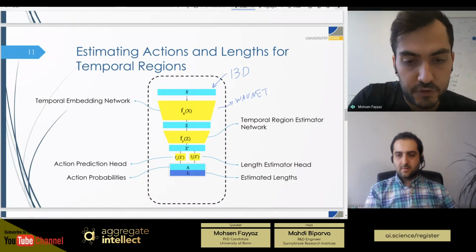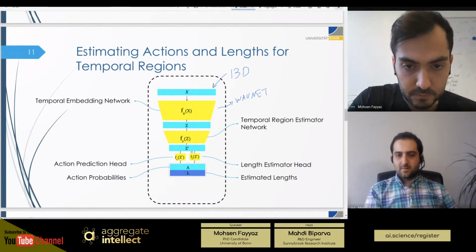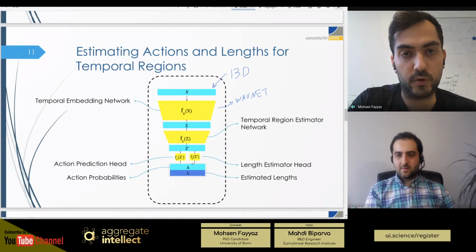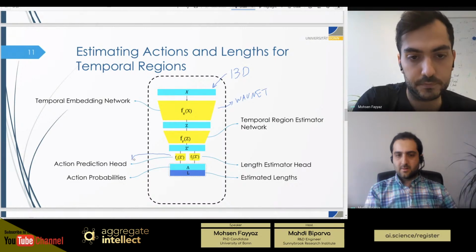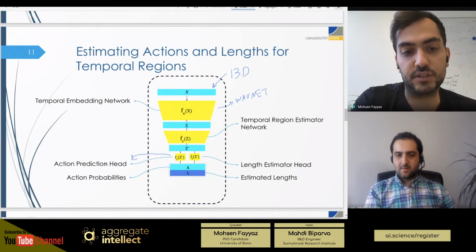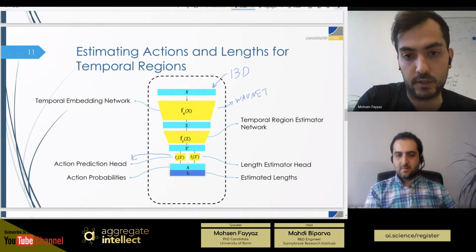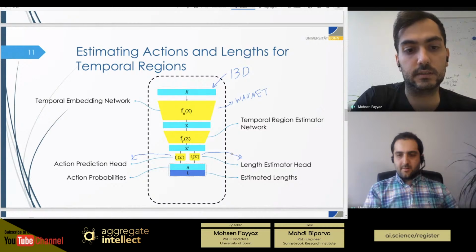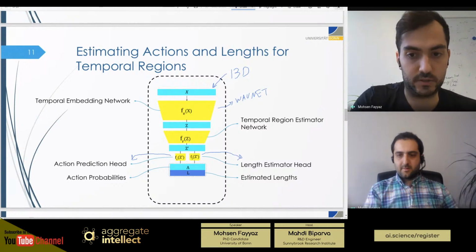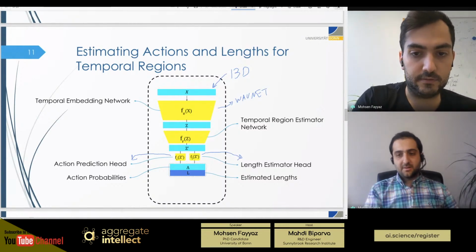And then we have two different networks, both of them 1D convolutions, but one of them is a classifier, this one, which predicts the action probabilities for us. Another one predicts the temporal action lengths for us, for each region.